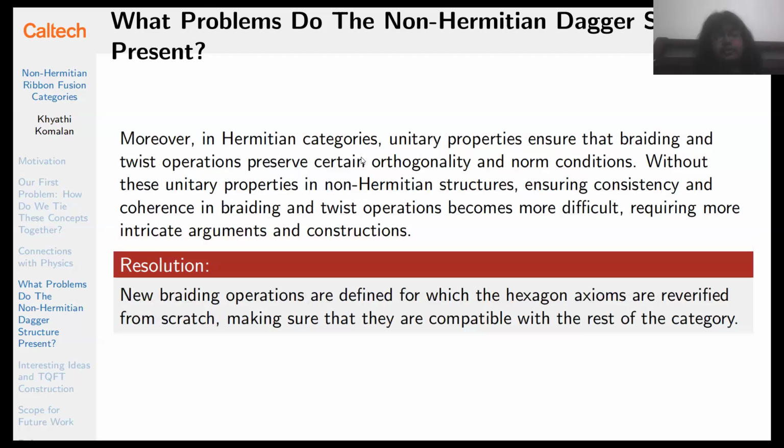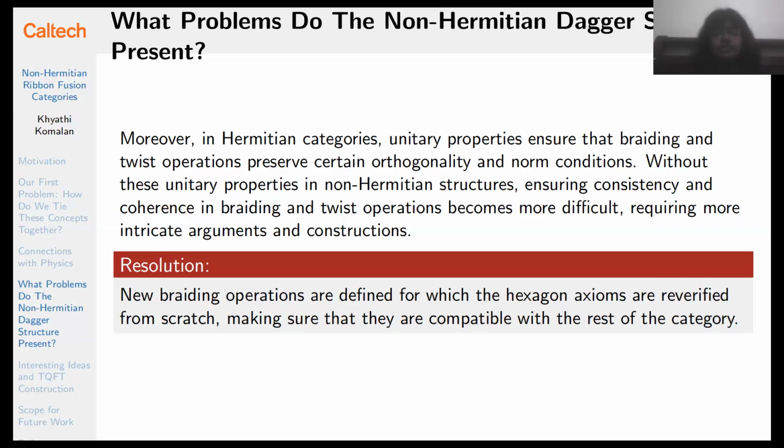So moreover, in Hermitian categories, unitary properties basically ensure that braiding and twist operations preserve certain orthogonality and norm conditions. And yeah, this was discussed earlier, so you basically want consistent coherence in the braiding and twist operations that we do not have.